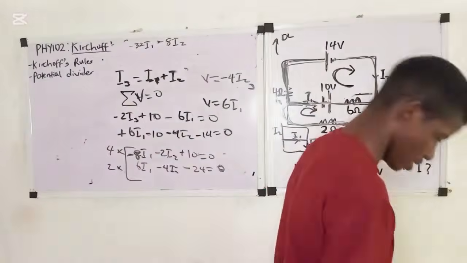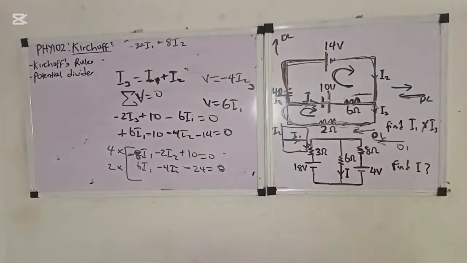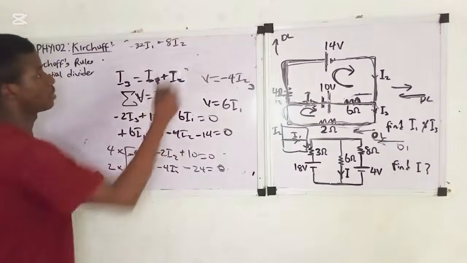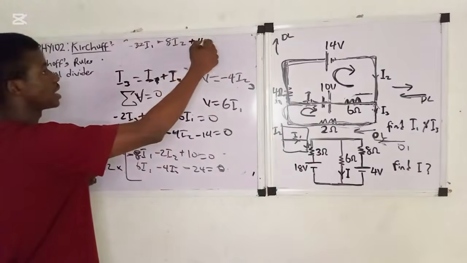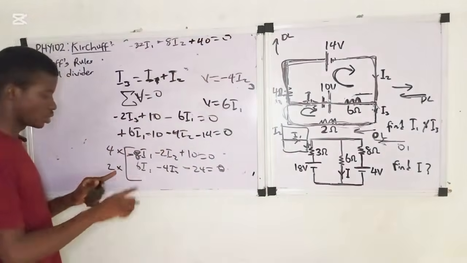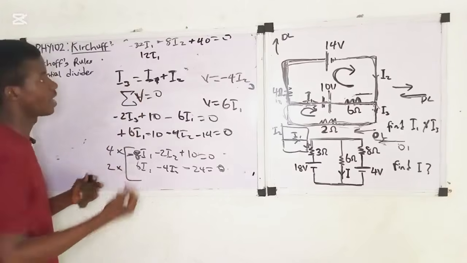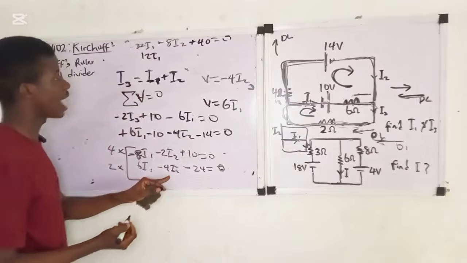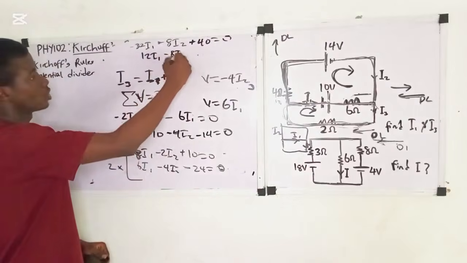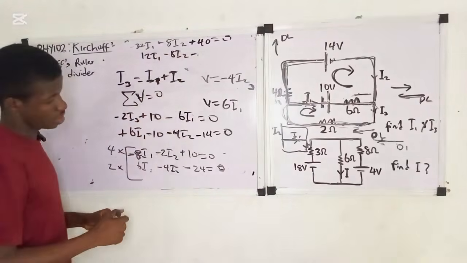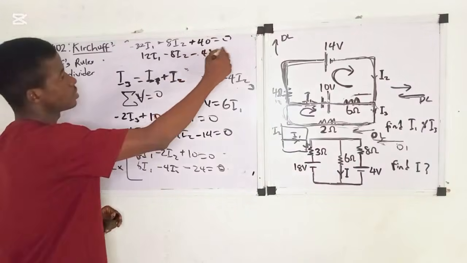Then 4 times plus 10 is plus 40, equals to 0. Then let's do 2 times 6 I1, which gives us 12 I1. Then 2 times minus 4 I2 gives us minus 8 I2. Then 2 times minus 24 gives us minus 48, equals to 0.